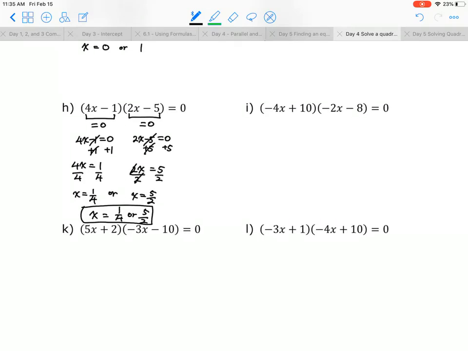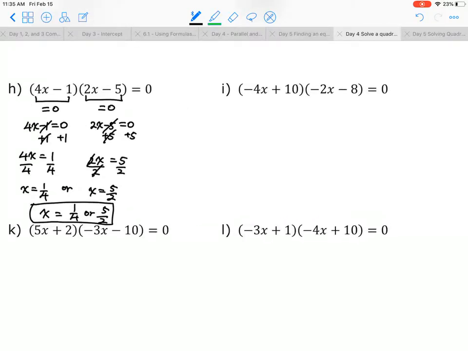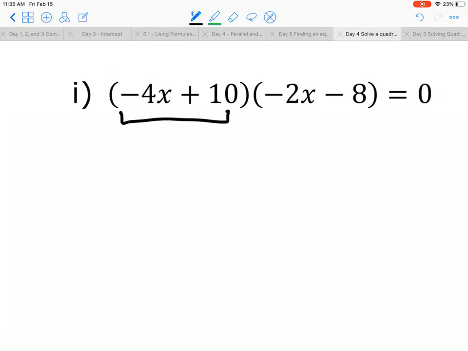So let's try one more time, and then I will ask you to try everything on your own. Same thing over here. This equals 0, this equals 0. I don't care whether this is negative or positive, whether it's a number other than 1 or not.